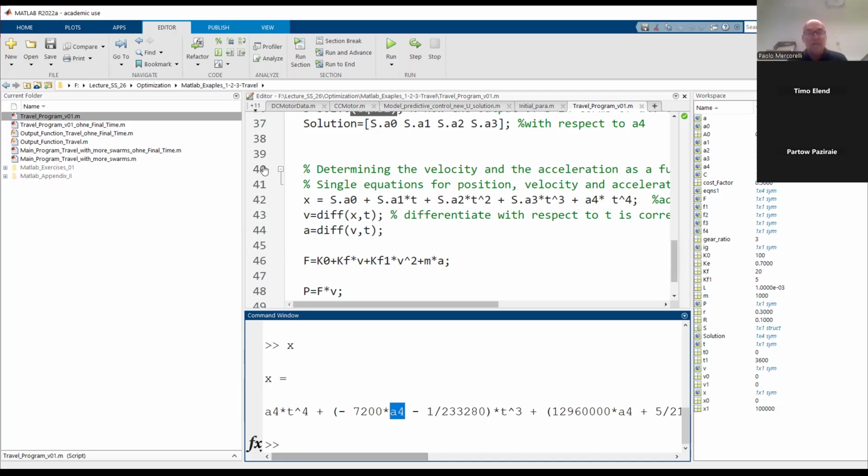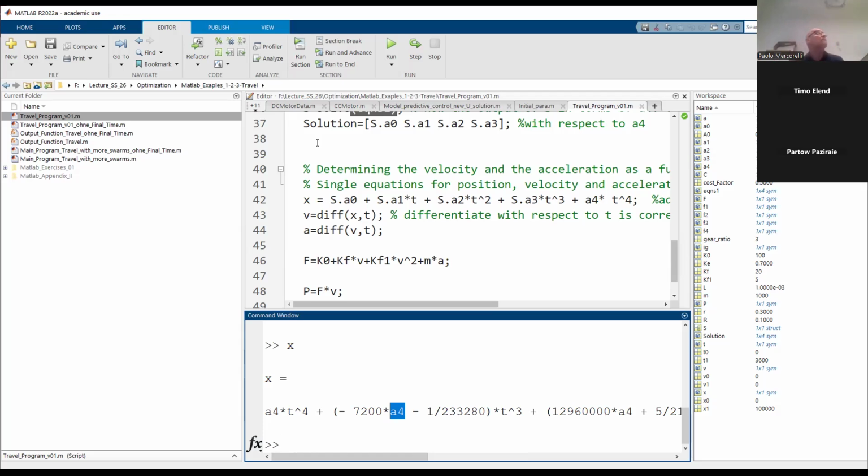And what about the velocity? Here is the function diff. Basically, consider this expression x, which is explicitly here. We try to symbolically do the derivative. The function diff has 2 arguments: the expression which I want to differentiate, and with respect to what?